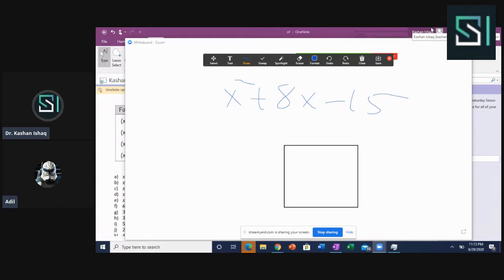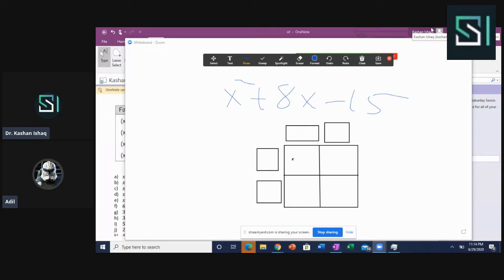Box method, good. Start filling in your squares. You don't have to be perfect because I want to make sure that we have enough time to do the other problems. So let's not spend a whole lot of time on this.